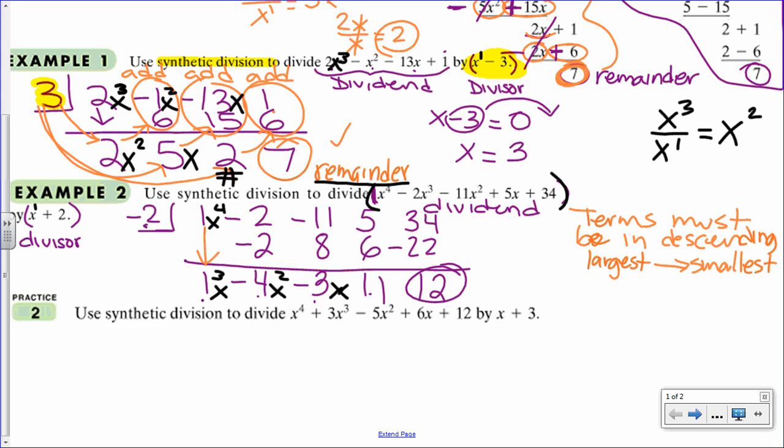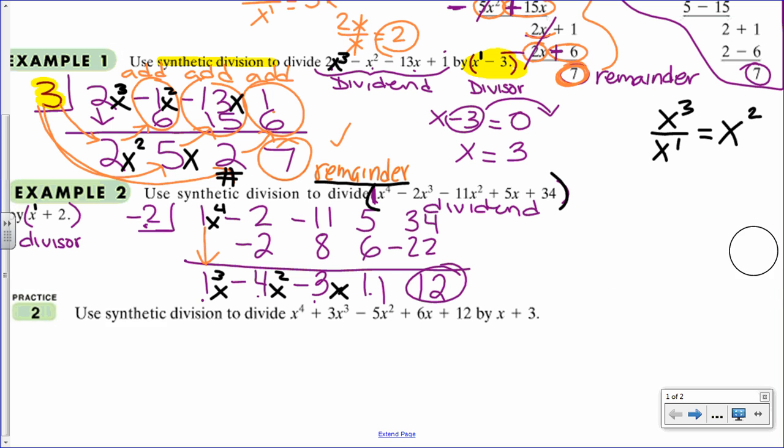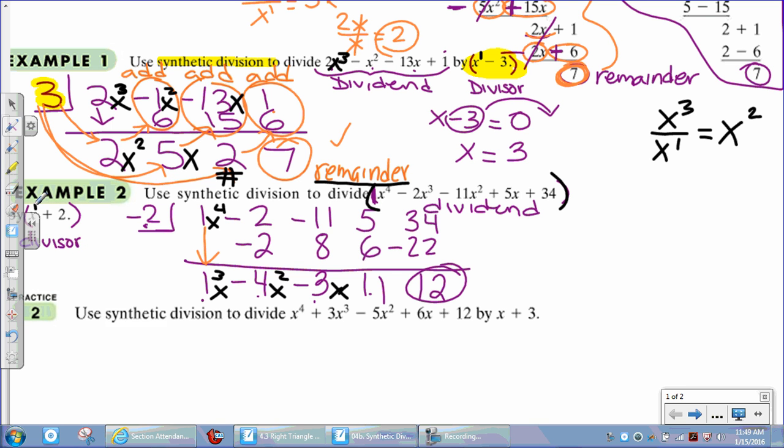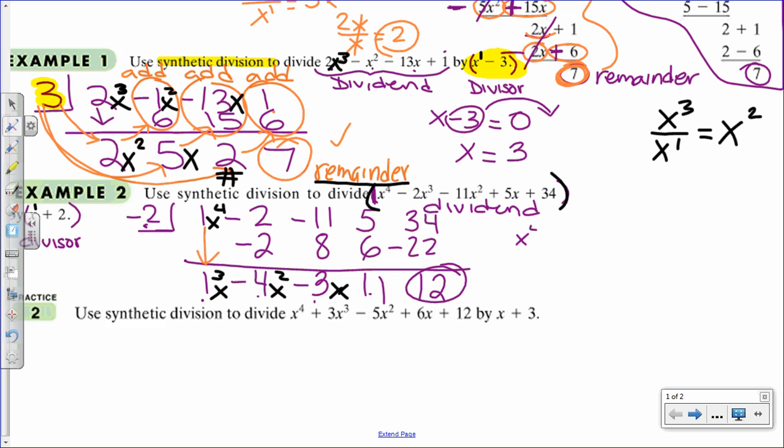So what this means is that we could rewrite our polynomial, and I believe you're going to have to do some of this for your homework. Let's say we have x to the 4th power minus 2x to the 3rd power minus 11x squared plus 5x plus 34, divided by x plus 2.